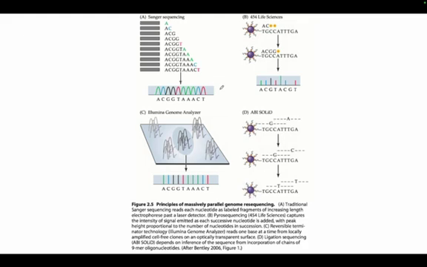Sanger sequencing is now not used as much anymore as we have moved on to more advanced and more high throughput methods of sequencing. So here you can see how it compares to some other methods. So this is something called pyrosequencing, where essentially the incorporation of each new nucleotide emits a small flash of light, and it's the flash of light which is detected as the readout.